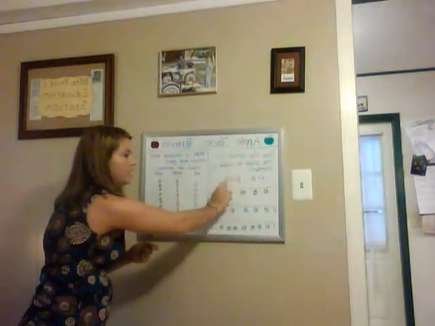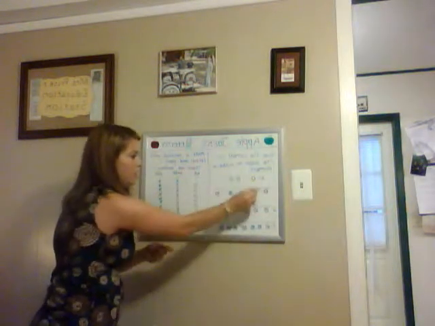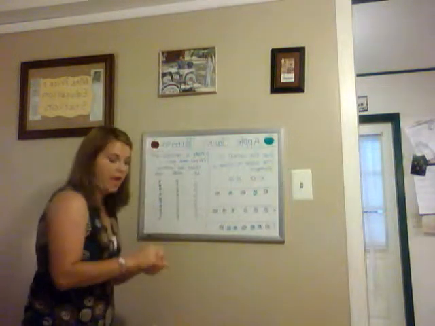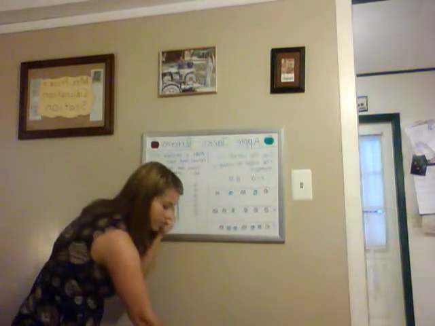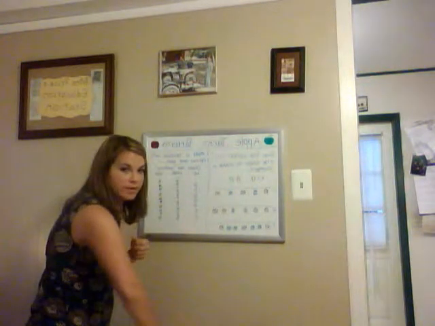A equals red, B equals green, and then I circled the A red and the B green, so they would know to take a red Apple Jack cereal piece and put it on the A, and take a green Apple Jack cereal piece and put it on the B to fill up their worksheet. They will be gluing these cereal pieces down to their worksheet.